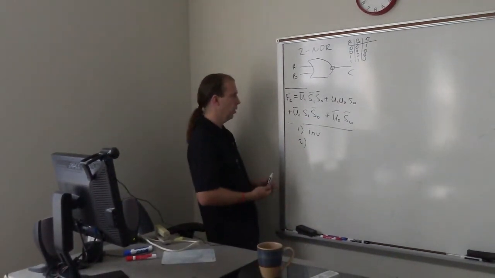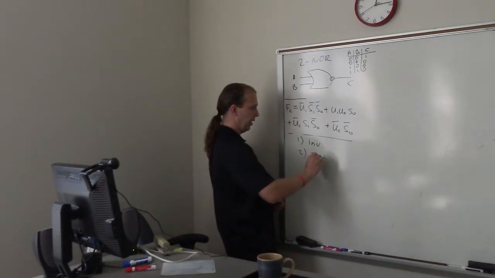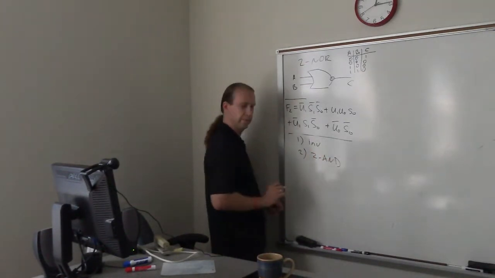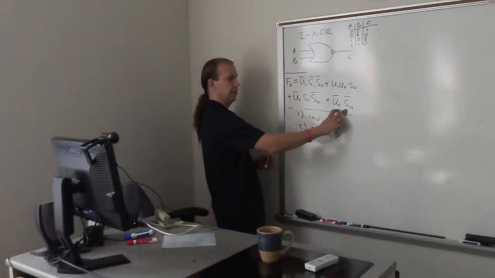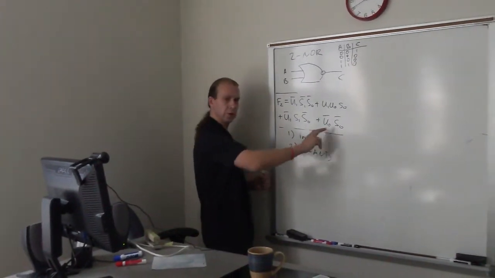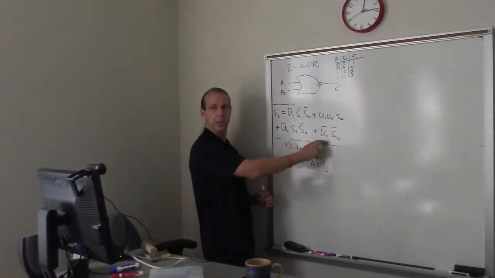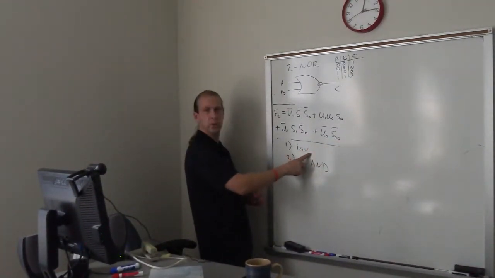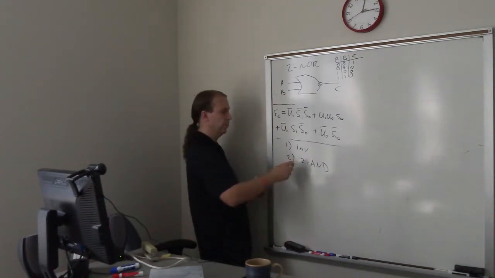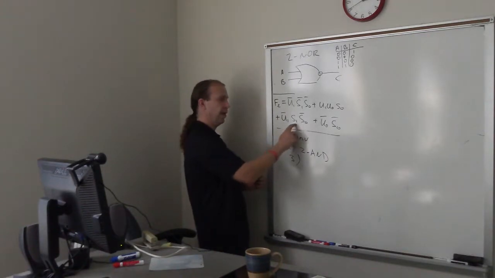Second of all, we want 2 AND, a block that has 2 inputs and AND operation. The fact that each of these is inverted, we can implement by using inverter. 3, we want 3 AND block.